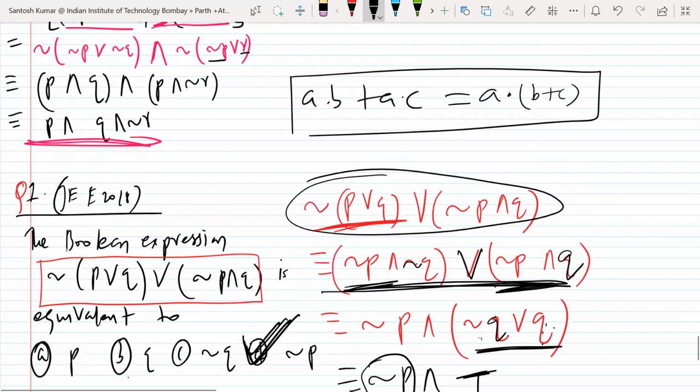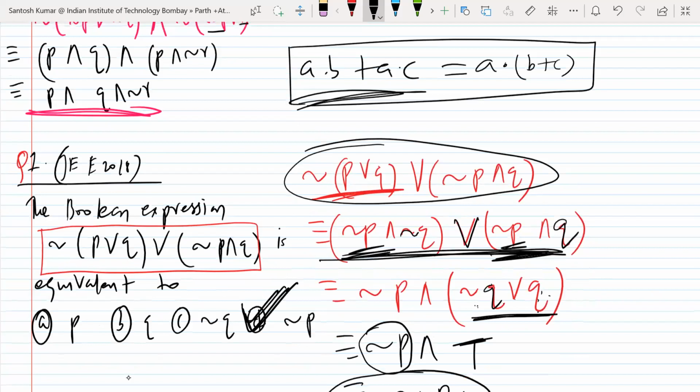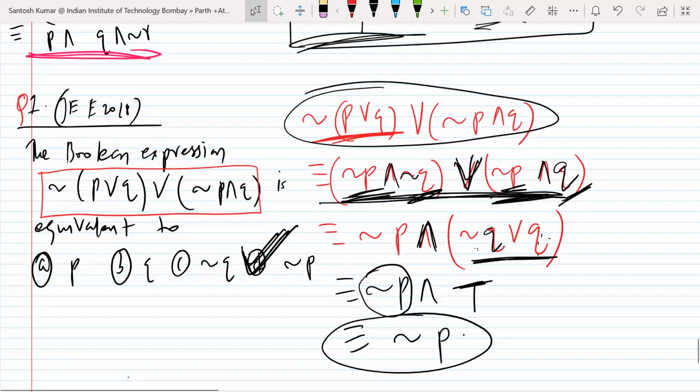Same thing I did there. In place of A, you have not P. In place of the dot, which means multiply, you have this 'and', meaning intersection. And in place of plus, you have this 'or'. Now compare: A is not P, and B plus C is the not Q or Q part. Is it clear?